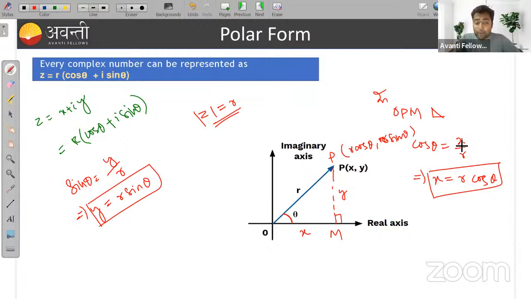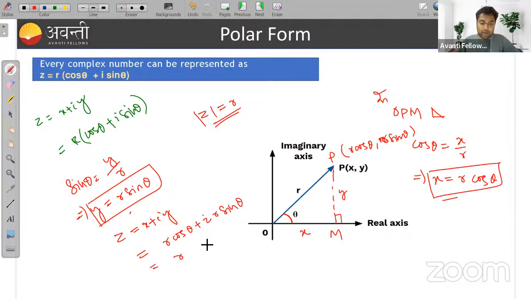So what is the polar form? You have the values of x and y. If you substitute these values in x plus iy, we know that z is equal to x plus iy. In place of x, write r cos theta plus i into r sin theta.